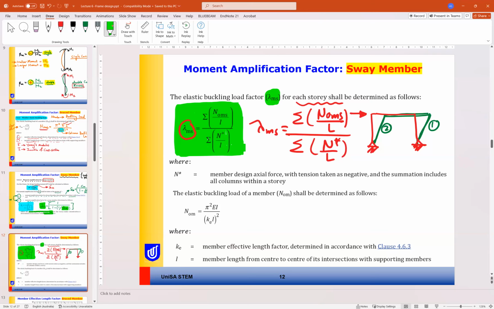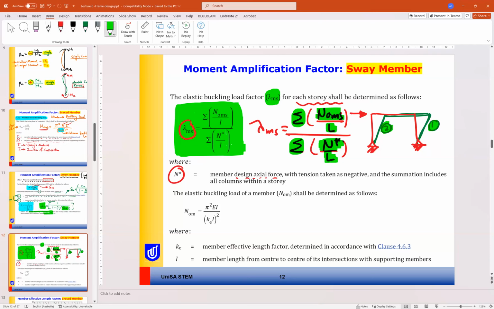So sigma means the number of columns you have per story. We divide the buckling load for each column over its length and take the summation, and divide by the design axial load for each column divided by its length and take the summation. So this is how lambda ms is calculated, where N asterisk is the member design axial force, with tension taken as negative.